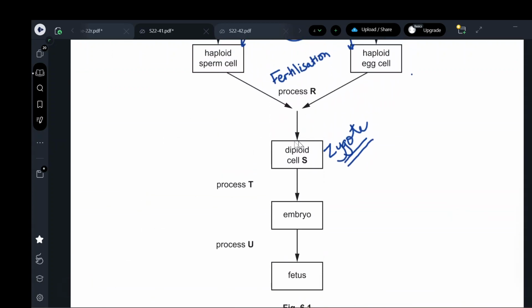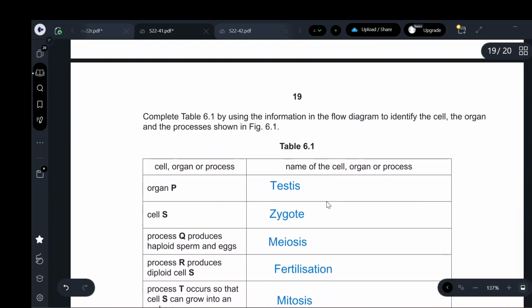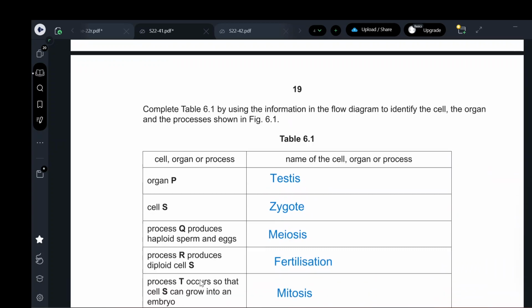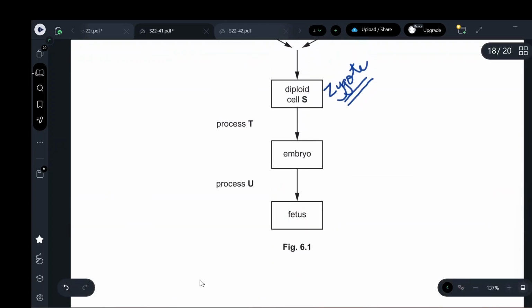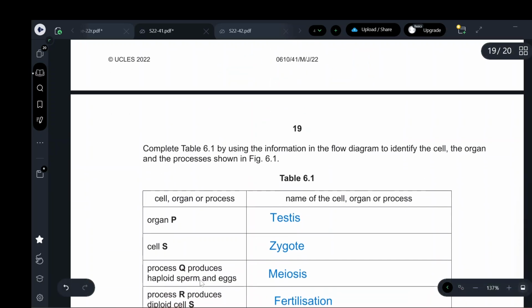Process R, which produced the zygote, is fertilization. Process T occurs so that the cell S can grow into the embryo. Process T occurs so it grows. Growth happens by mitosis. Mitosis is the cell division that causes growth.